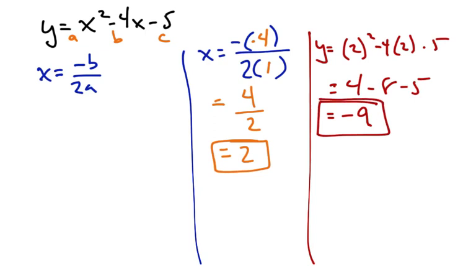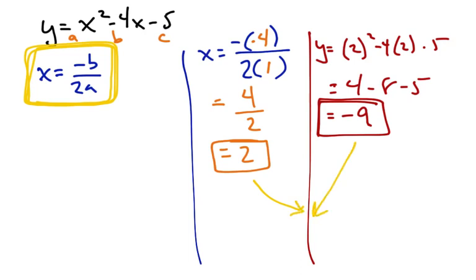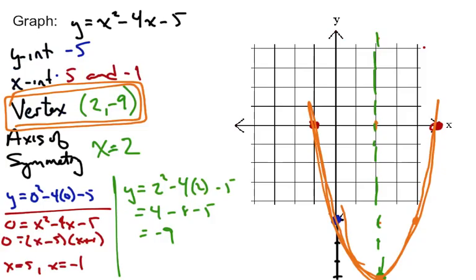So the real important thing to remember is that if we want to find the x-coordinate of our vertex, which is also going to be the axis of symmetry, we can just look at the equation and use negative b over 2a. That will give us the x-coordinate. We plug it in to find the y-coordinate, and our vertex then is going to be (2, -9), which is what we found here.